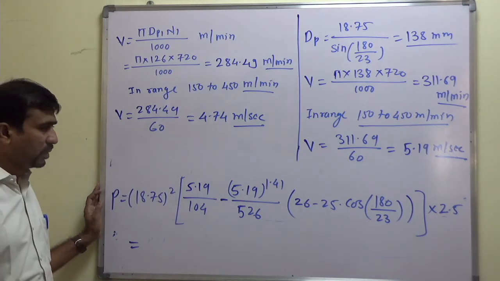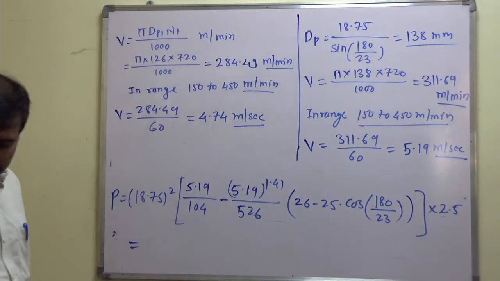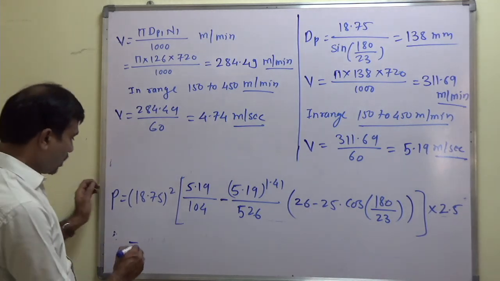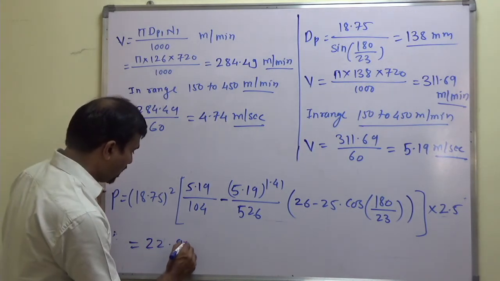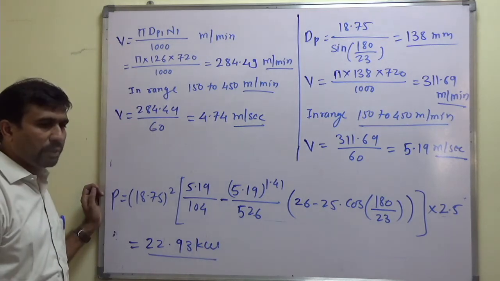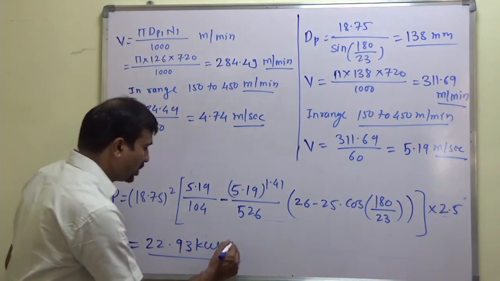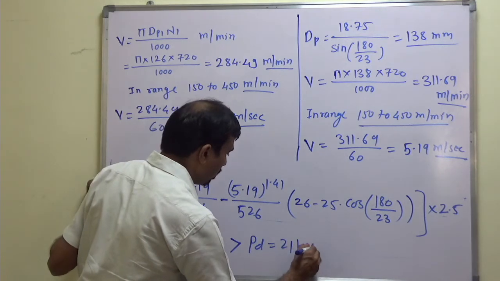After calculating you can get this value, and this is coming out to be 22.93 kilowatt, which is greater than design power PD equal to 21 kilowatt.